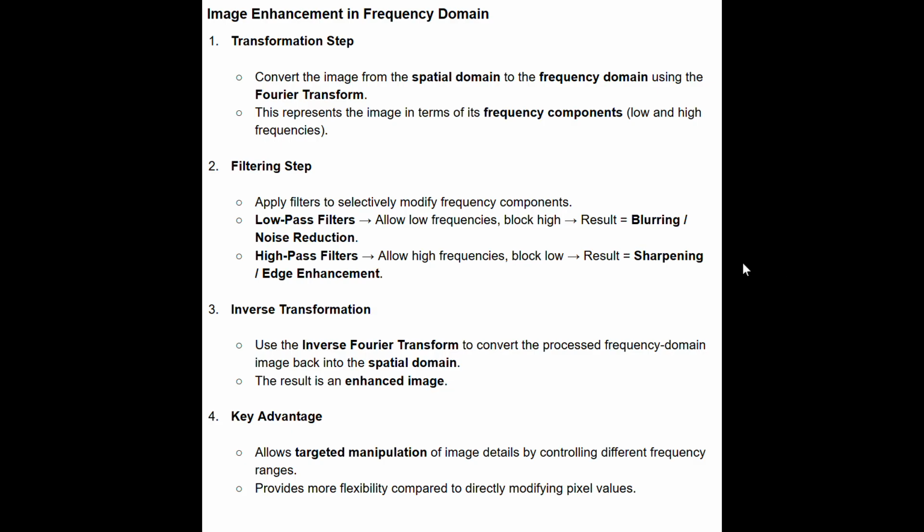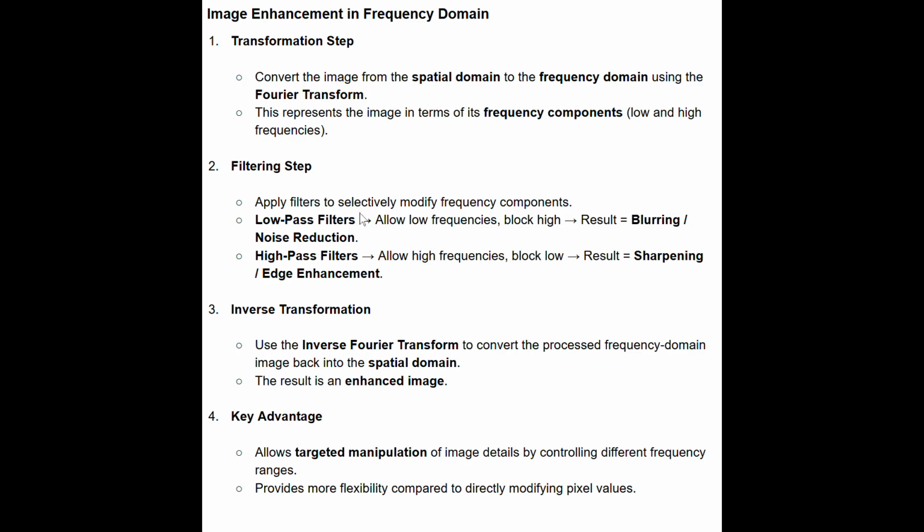You always use the Fourier transform whenever you want to convert the image into the frequency domain. This represents an image in terms of its frequency components, for example, the low and high frequencies of the image.